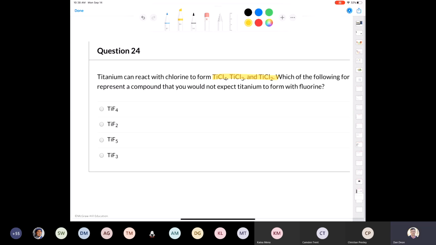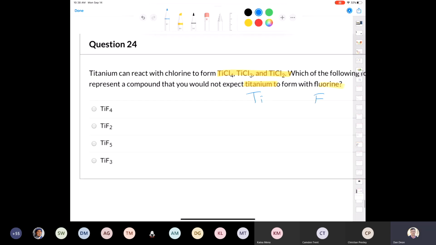So what compound would you get from titanium and fluorine? Oh, sorry. Which one would you not expect? Not expect. I'm just going to throw that out there to my students.